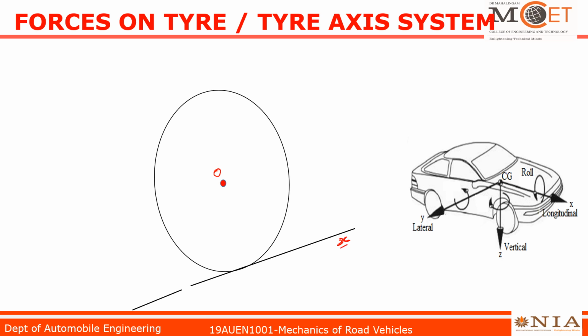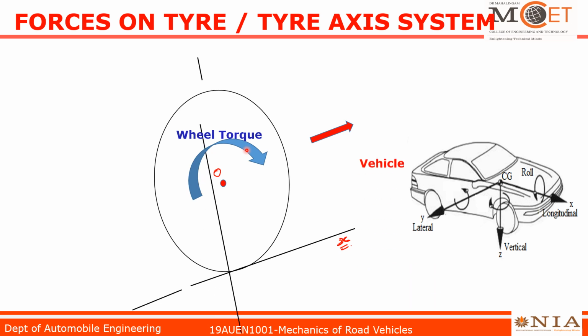Let me take it as X. This tire has a wheel torque at the center of the wheel, so it may rotate in the clockwise direction, so that the vehicle will move to this side. So I just mark it as the origin point. The vehicle will move in this direction because of the clockwise rotation from the wheel torque.